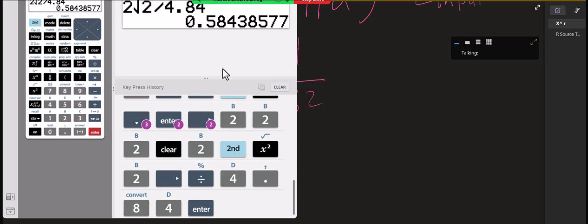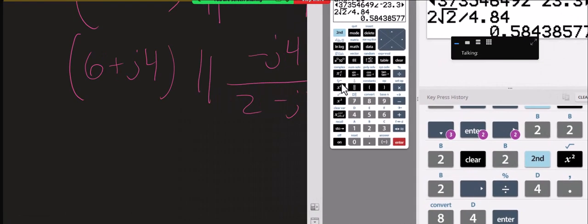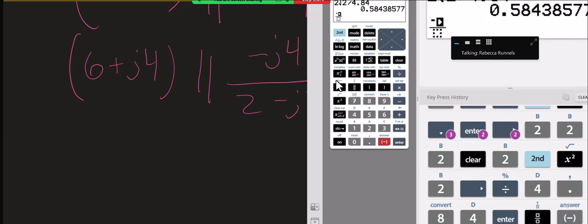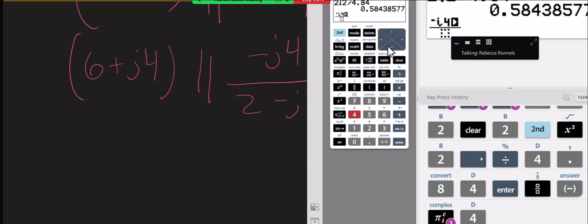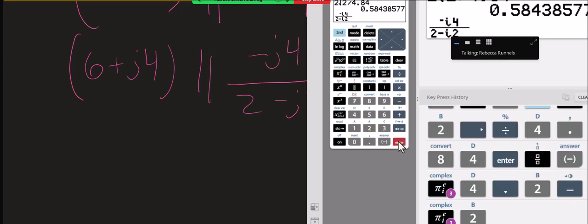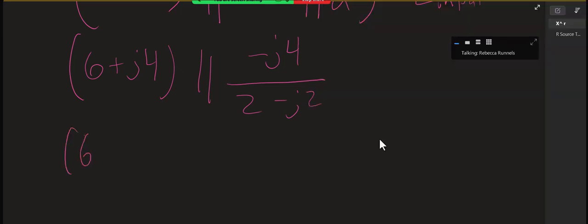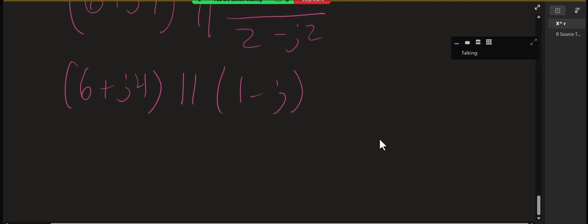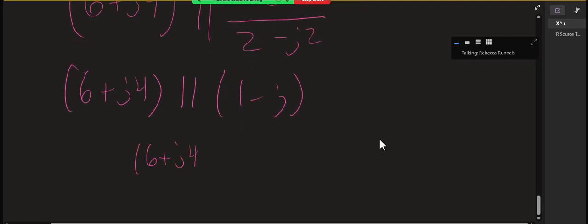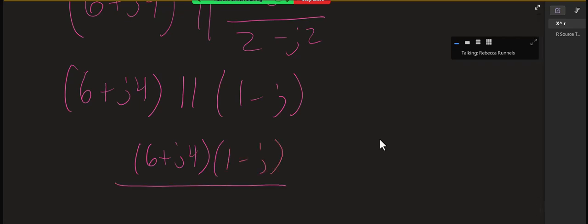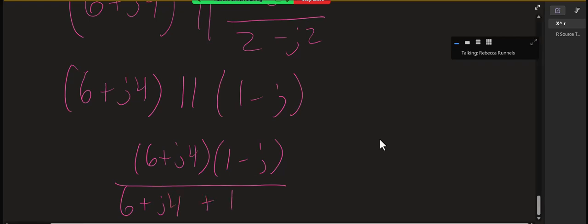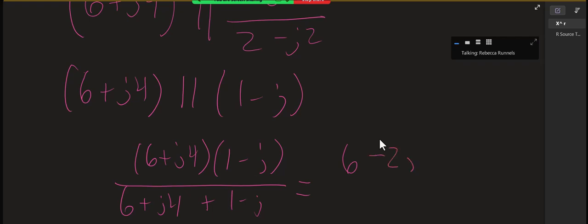And then minus J4 over 2 minus J2 is 1 minus J. So 6 plus J4 in parallel with 1 minus J. So that's 6 plus J4 times 1 minus J over 6 plus J4 plus 1 minus J. And that's 6 minus 6J plus 4J is minus 2J.